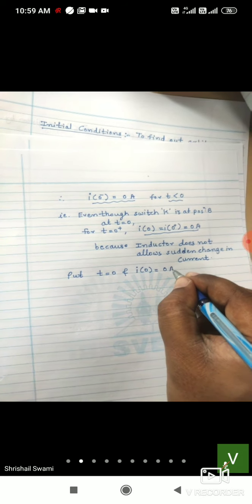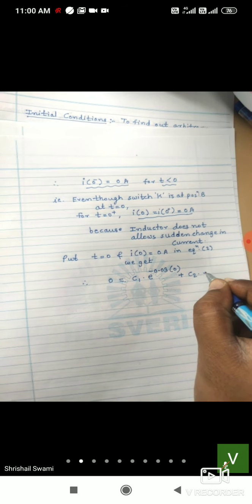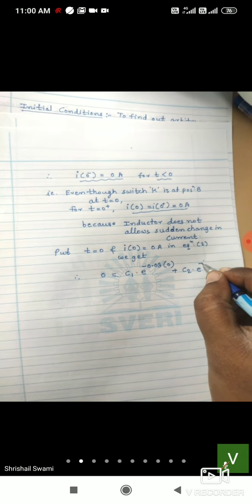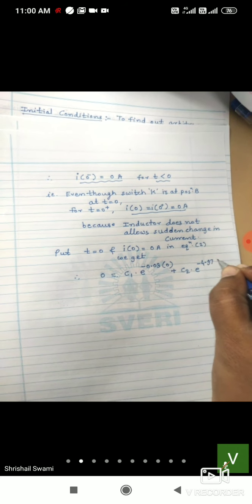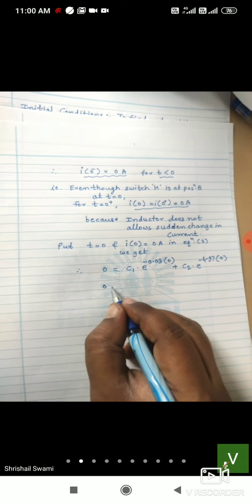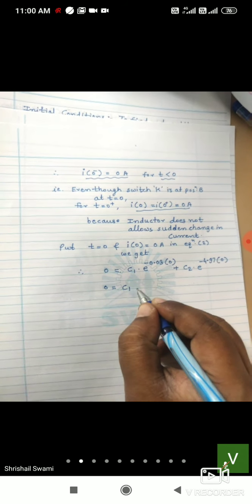We get, the value of current is 0. So 0 is equal to C1 into e raised to minus 0.03 into 0, because the value of t is 0, plus C2 into e raised to minus 4.97 into 0. Now what happens to this? e raised to 0 is always 1.